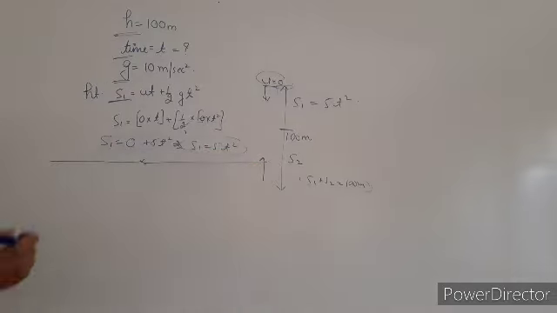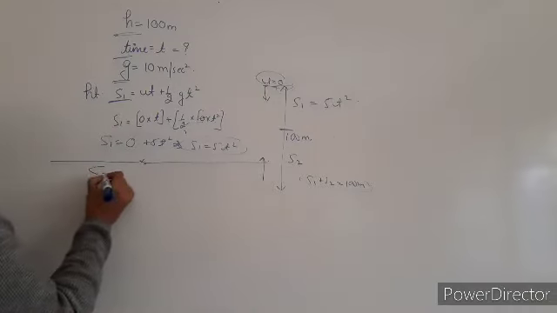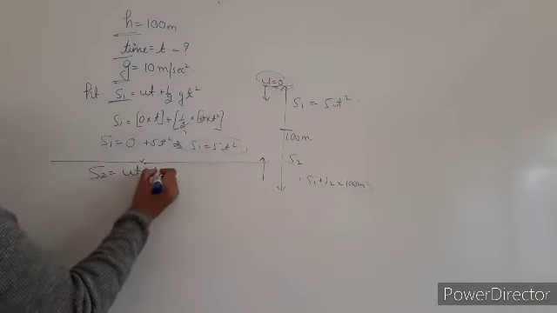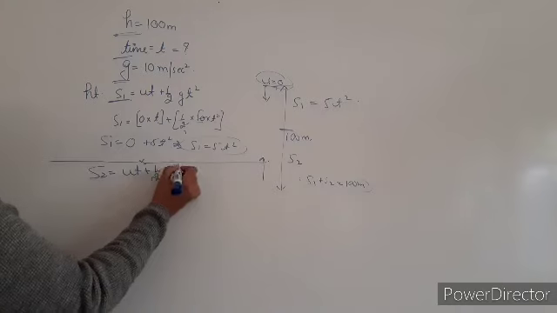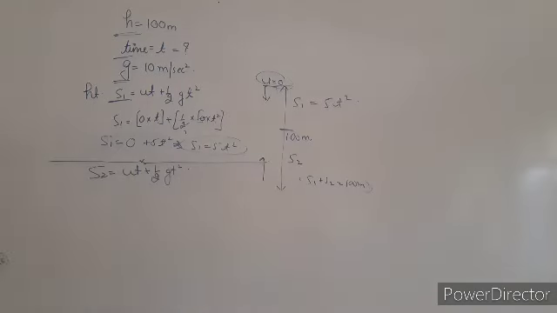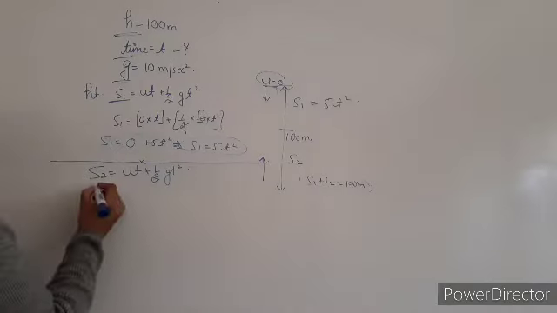So formula is going to be same. S2 is equal to ut plus half gt square. बस values change हो जाएंगी because you have thrown it from the downward direction and it was given that you have thrown it with the velocity of 25 meter per second. तो हम u की value यहाँ पे कितनी put करेंगे?